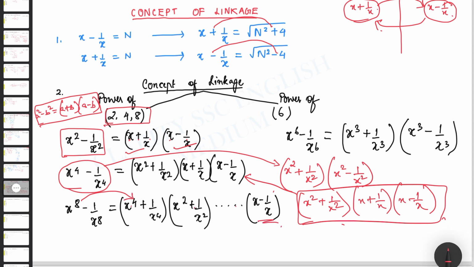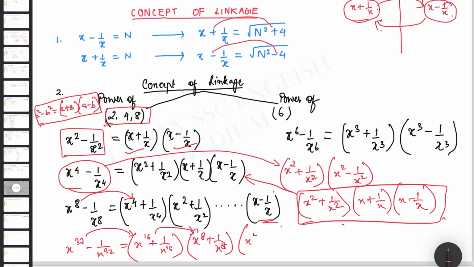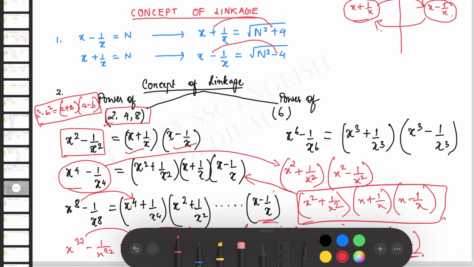If we have to find x to the power 32 minus 1 by x to the power 32, the half of 32 is x to the power 16. The half of 16 is x to the power 8, and after 8, x to the power 4. Deduce this by half, half, half. And at last, the full stop will be x minus 1 by x. The full stop will always be x minus 1 by x. Remember this.